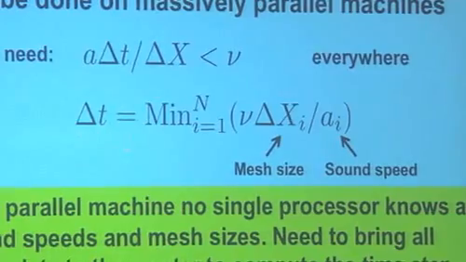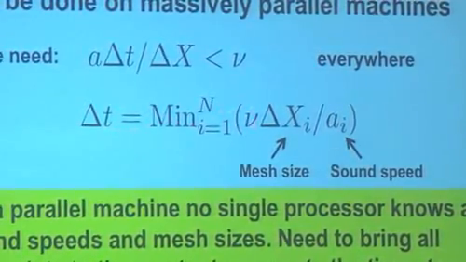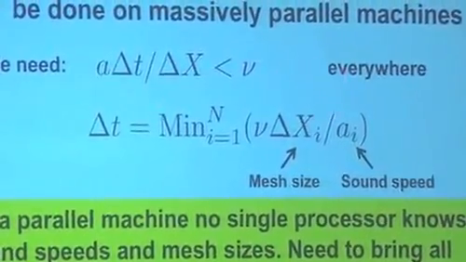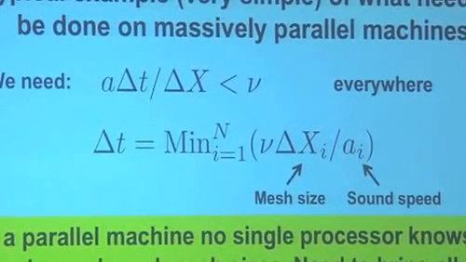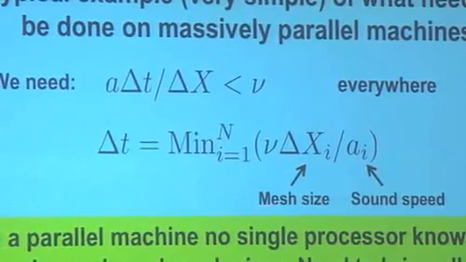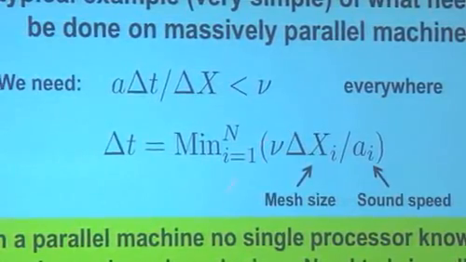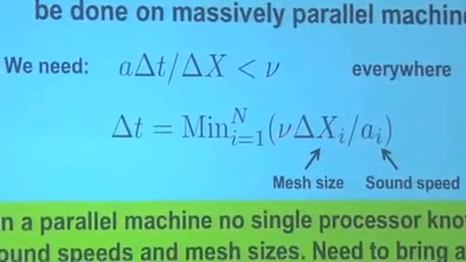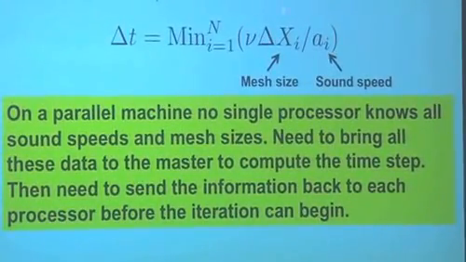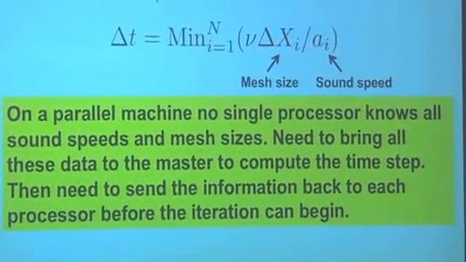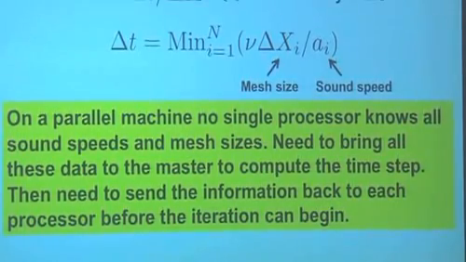So the formula that you need to use is delta t must be the minimum of CFL multiplied by cell size divided by sound speed. Looks simple. If you're doing that on your PC, you just write a loop saying delta t equal minimum of that. But on a parallel machine, there is no processor which knows all these things. Each processor knows the sound speed and the mesh size in its domain, not of the neighbor.